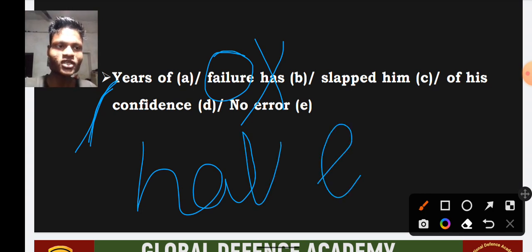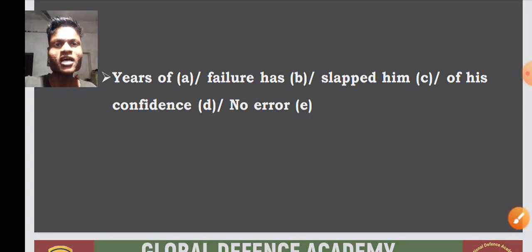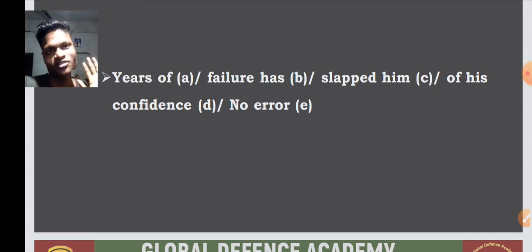Okay, this is very simple. After a preposition, you have to cut that word, and before the preposition you can consider the subject of your sentence.